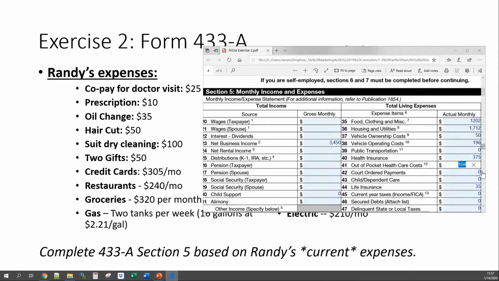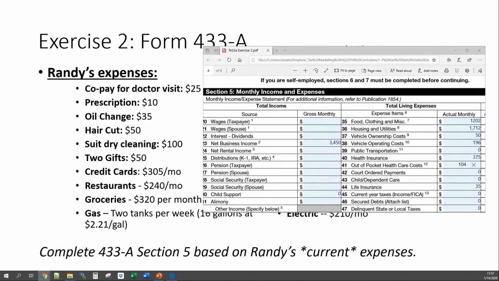But remember we talked earlier, for out-of-pocket healthcare cost the taxpayer can claim the full amount of the standard without the IRS questioning it. And so are we stuck with the $25 a month for the copay plus the $10 a month for the prescription? That's only $35. Is it all we're stuck with claiming?